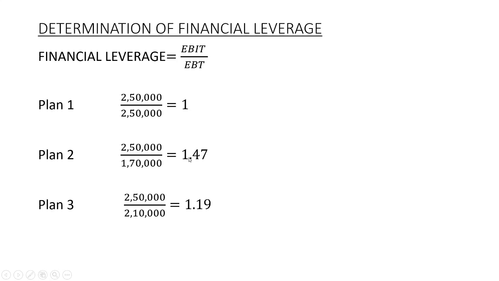So the financial leverage is equal to 1.47 times. In plan 3, EBIT 2,50,000 divided by EBT 2,10,000 is equal to 1.19 times. In plan 1, plan 2 and plan 3, we do not have preference share capital, so we have used this formula to calculate the financial leverage.